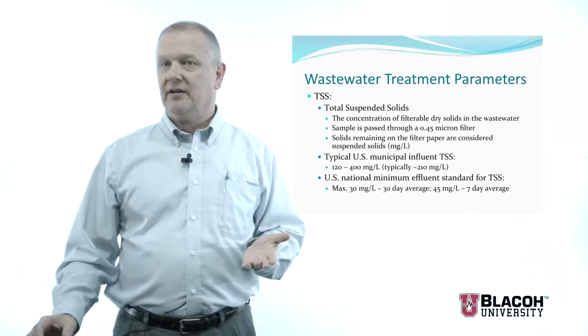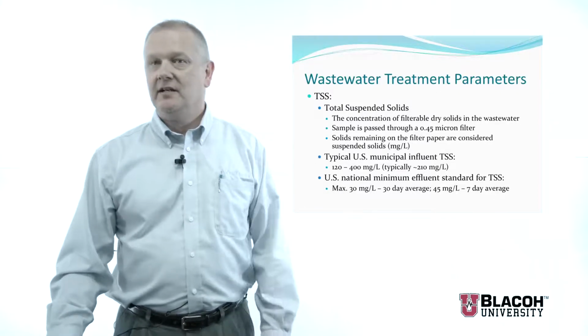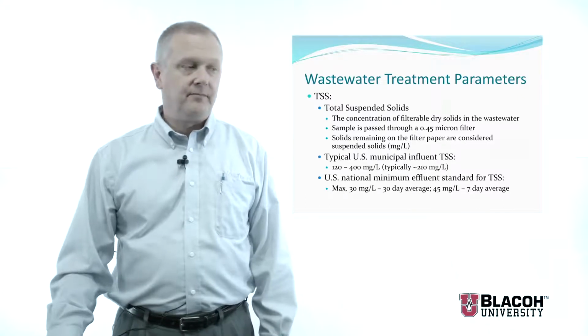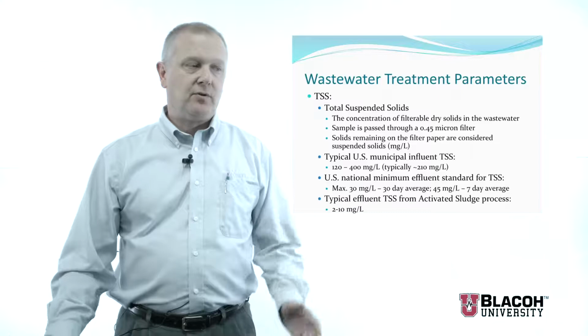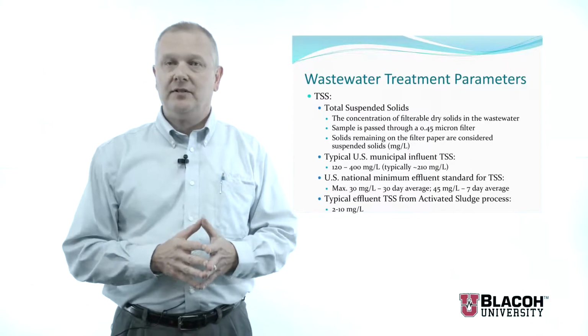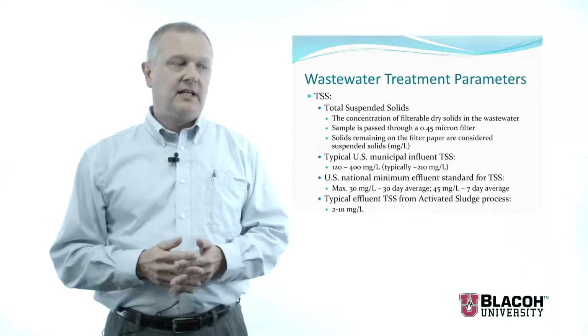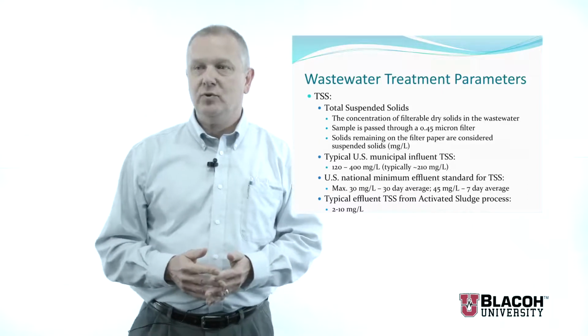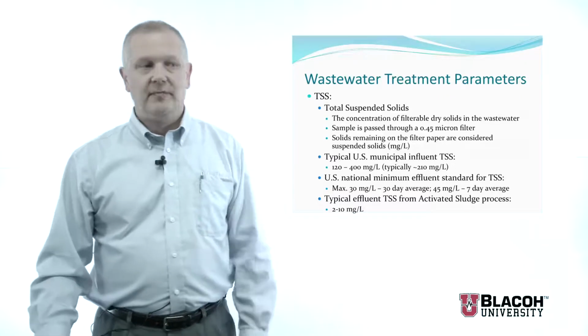And again, much tighter in certain areas of the country, depending on the water body that it's going into. Typical TSS coming out of a treatment plant that's using an activated sludge process is in the single digits. So again, very effective in removing the particulate matter from the waste stream.